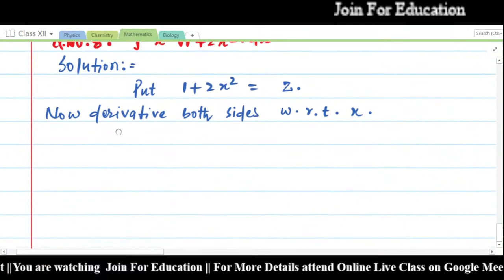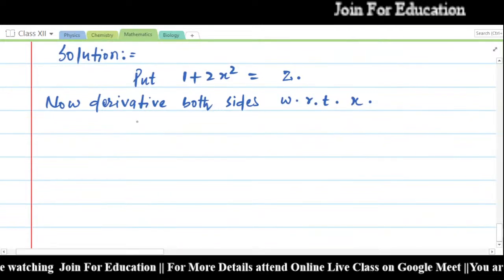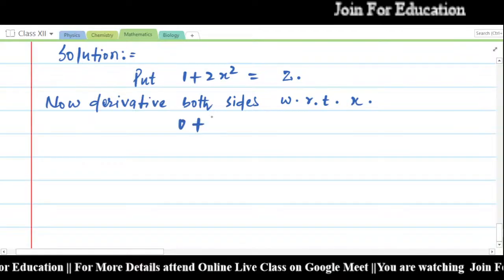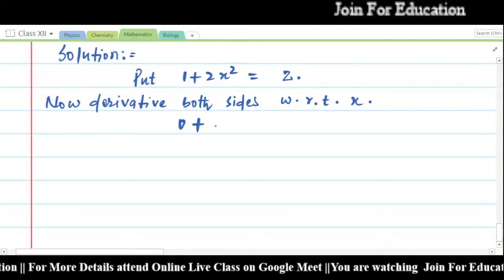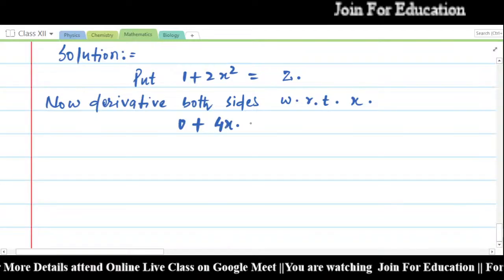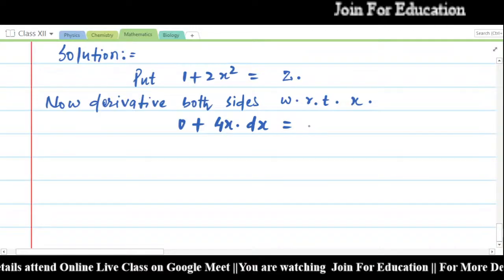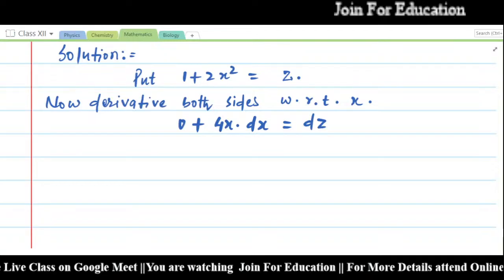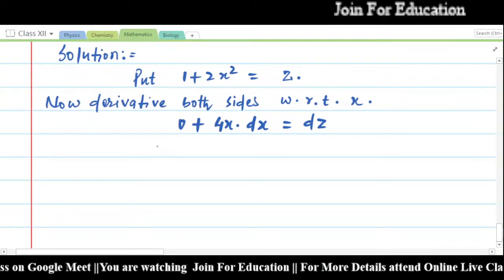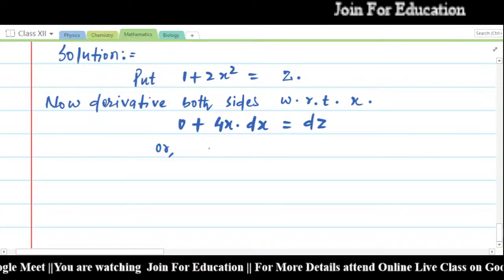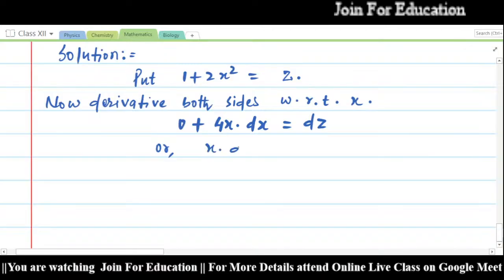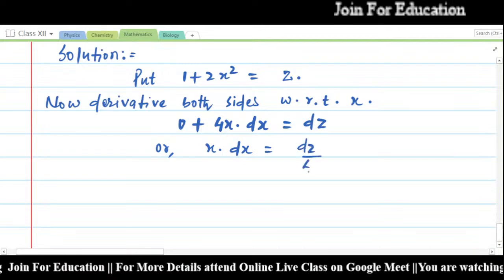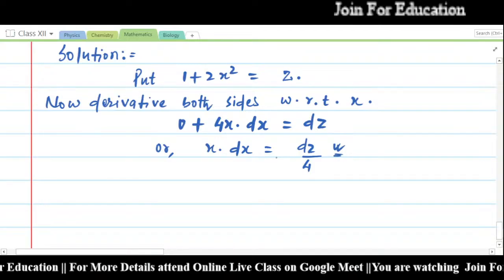So the next step here will be: derivative of 1 will be 0, and derivative of 2x square will be 4x into dx equals dz. Therefore x into dx equals dz by 4. Hope that there is no problem to understand up to this step.